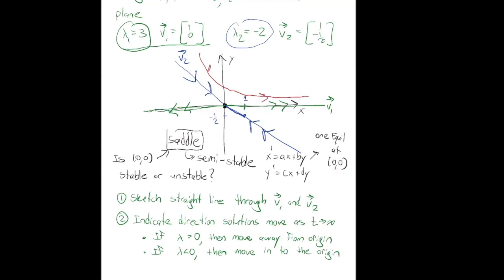So if I start someplace close to one of these eigenvectors, we're going to just follow the directions that the arrows are telling us to go. It's a similar type of nullcline analysis to help us map out the phase plane.